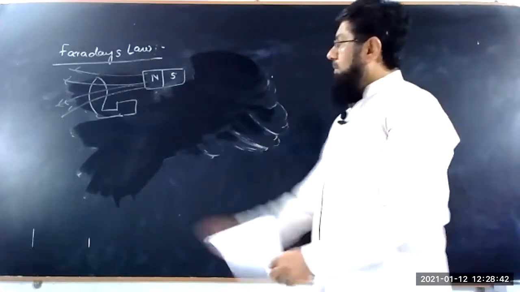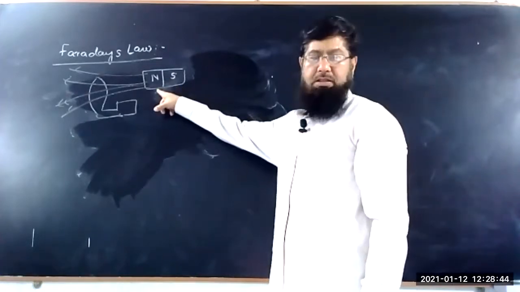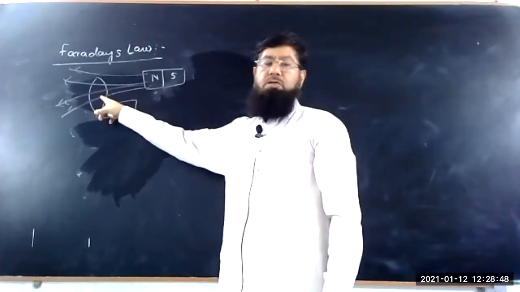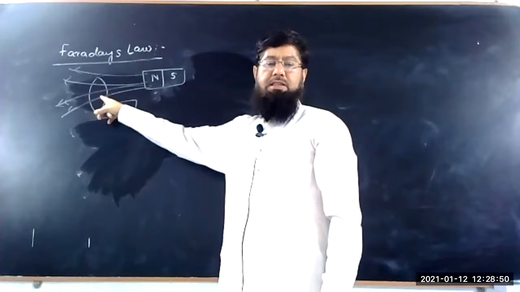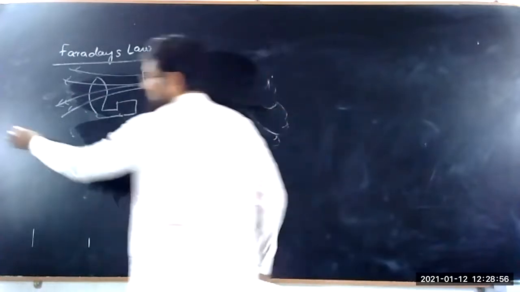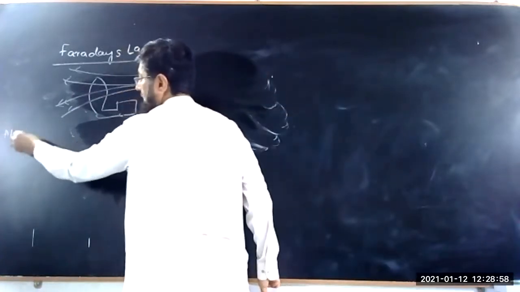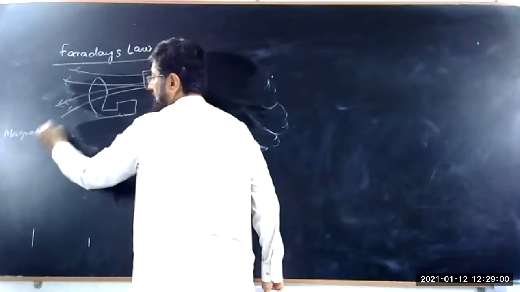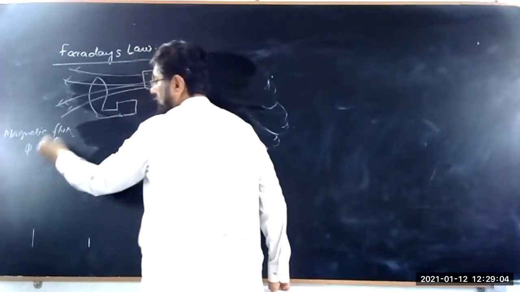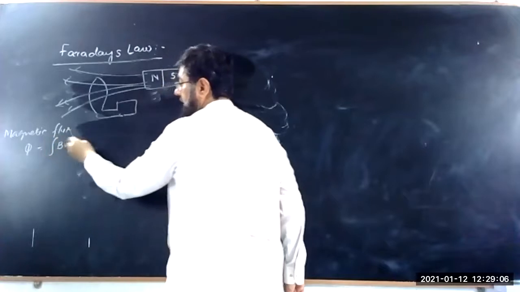If the magnet is at rest, the flux passing through the coil will be uniform. Flux is defined as the magnetic lines of force passing through a unit area. Magnetic flux phi is equal to B dot dA.